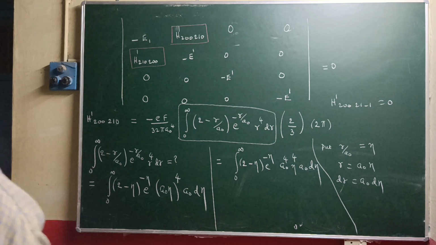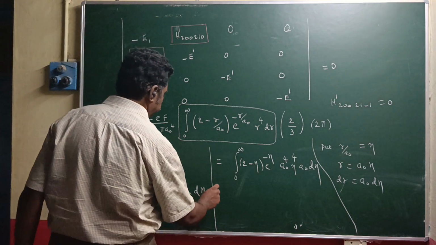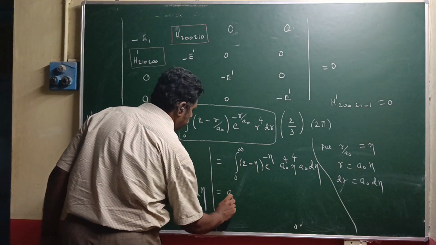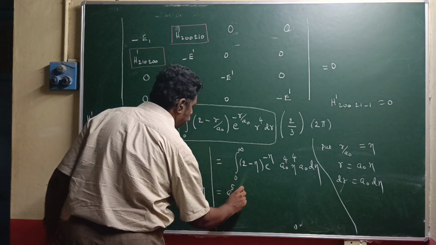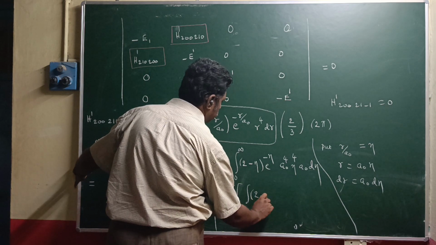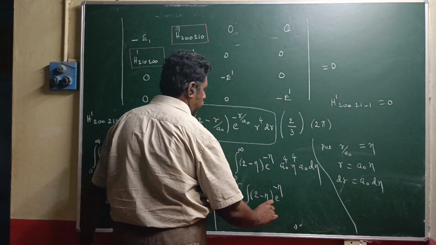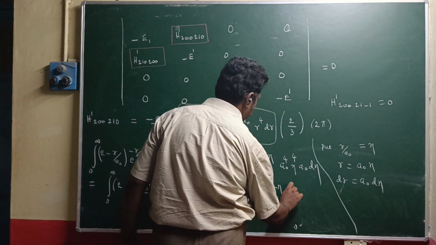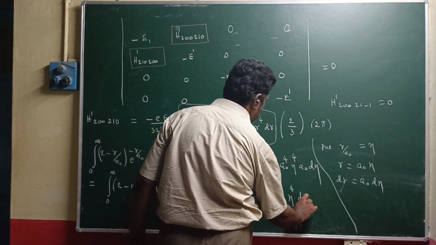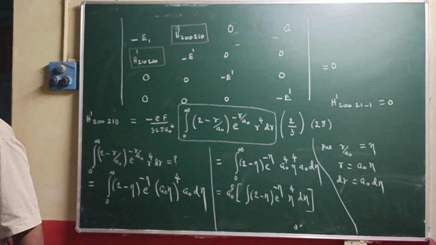Now a0 power 4 into a0 is a0 power 5. This is equal to a0 power 5 into the rest of the quantities, (2 minus eta) e power minus eta, then eta power 4 d eta. Now you have to simplify this further.